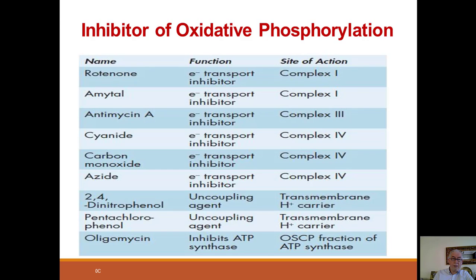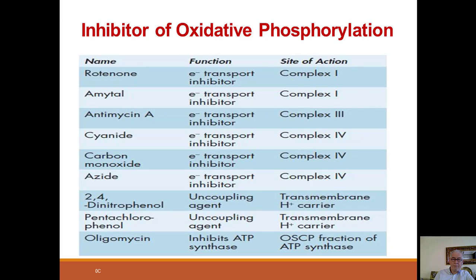Cyanide, carbon monoxide, and sodium azide can inhibit complex 4. Inhibition of complex 4 is especially important clinically, because carbon monoxide toxicity is a very important problem in the clinical setting.